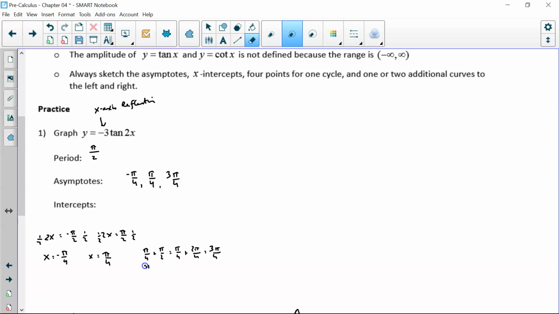And if we do pi over 4 minus, now remember, pi over 2 is the same as 2 pi over 4, we're going to get negative pi over 4, and we already had that one. So let's make that a negative, and we'll subtract negative 2 pi over 4. That's going to be negative 3 pi over 4. And that would give us some asymptotes.